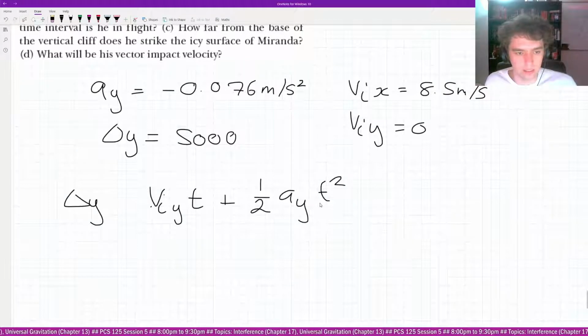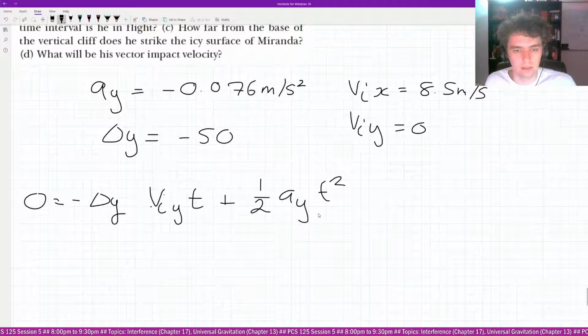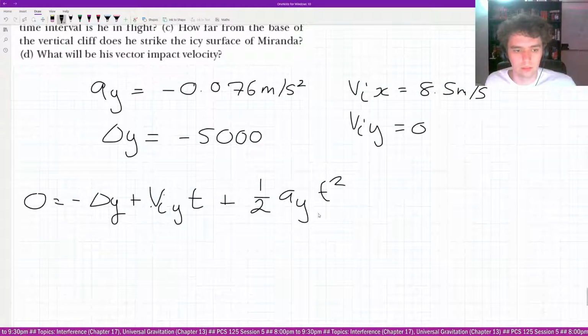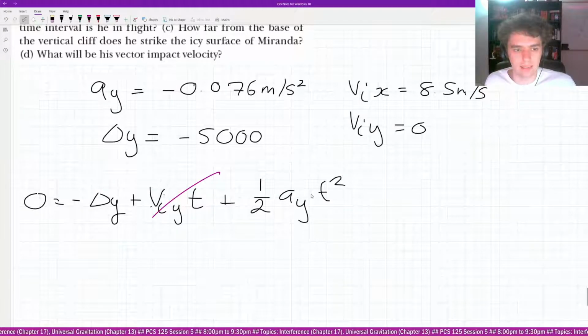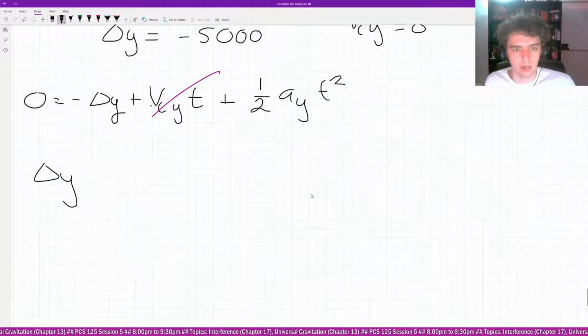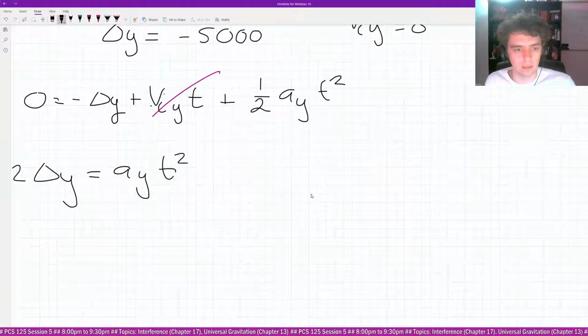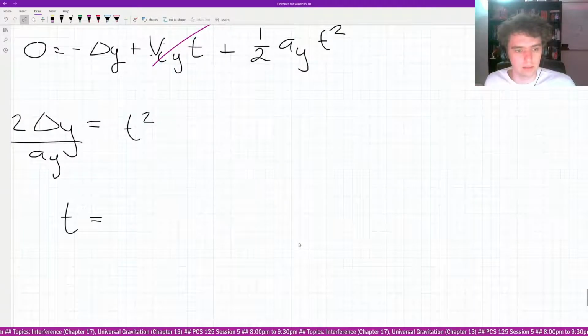And I know everything here. Delta y is negative 5,000, I mean. v_iy is 0, a_y is that, delta y is that. Yep, we're good. So it's just delta y equals 1/2 a_y t squared, so t is the square root of 2 delta y over a_y. I'm doing this a little messy because it's just a kinematics question.